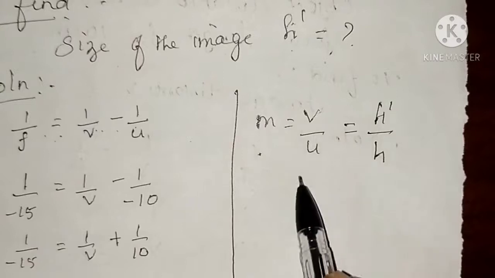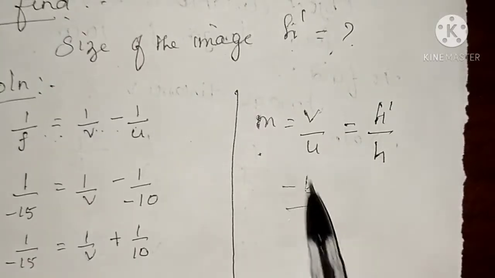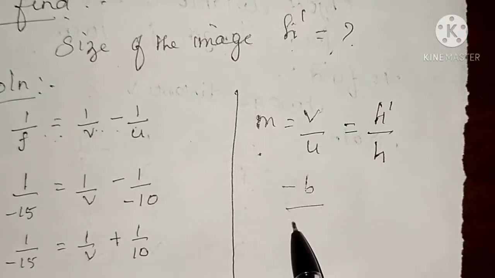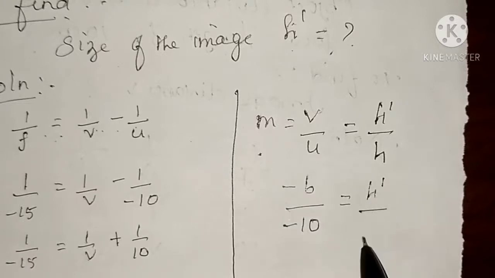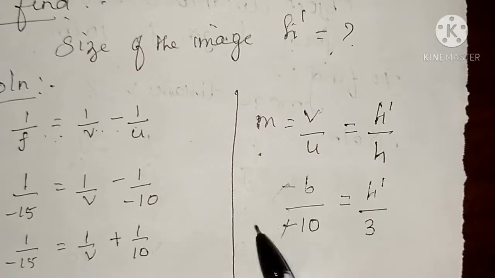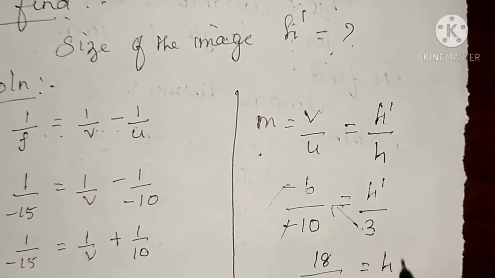So v value we already got, minus 6, divided by u, the object distance. What's that object distance? Object distance is minus 10, equal to height of the image by height of the object, 3 centimeter they gave. So this minus and this minus get cancelled. Just cross multiply here: 6 threes are 18. 18 by 10 is equal to h dash.